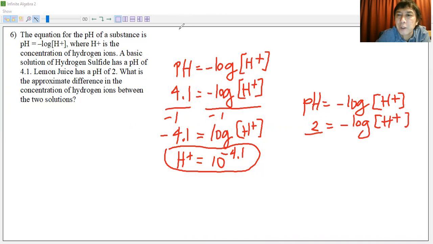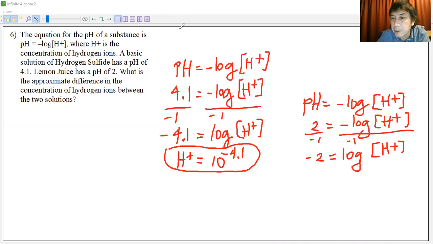We divide both sides by negative 1. The left side is negative 2, and the right side is the positive logarithm of the hydrogen concentration. Again, this is base 10. Converting this to exponential form, H plus here will be 10 to the negative 2.